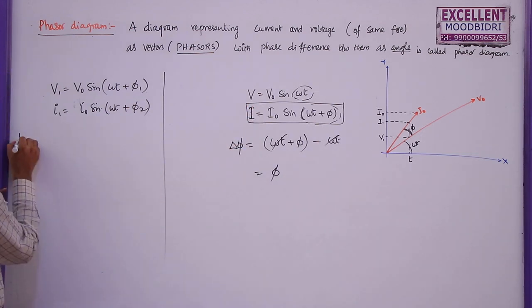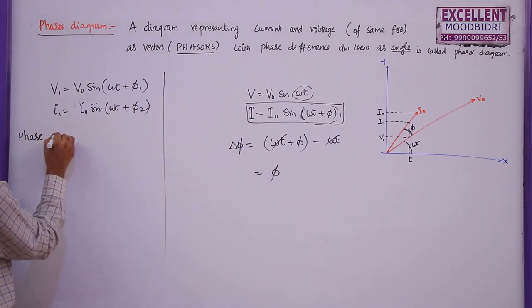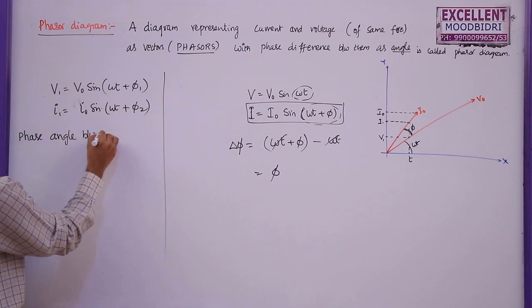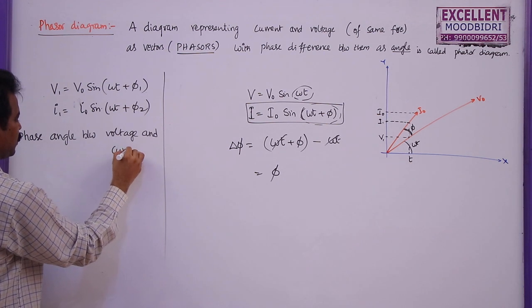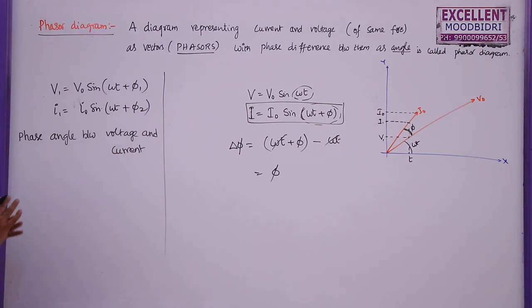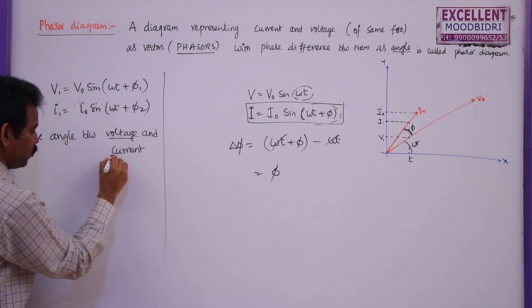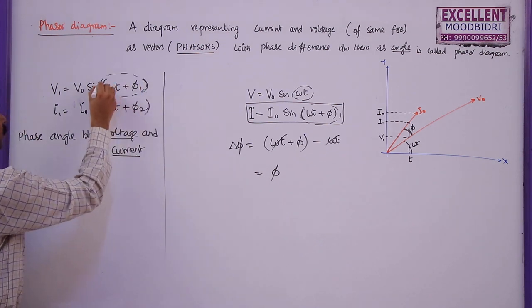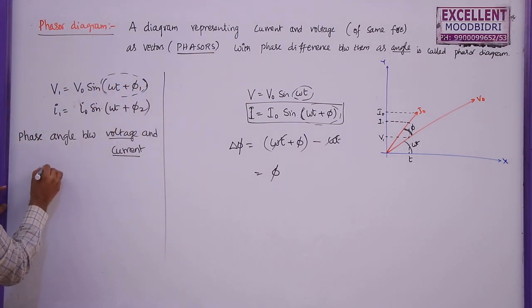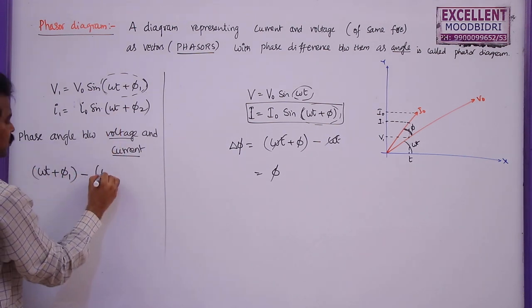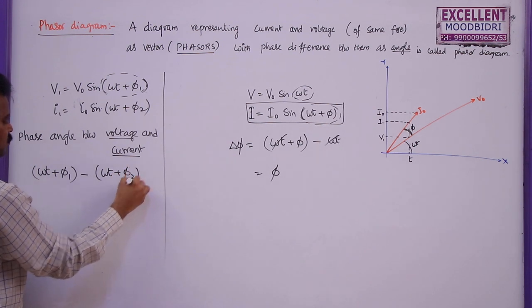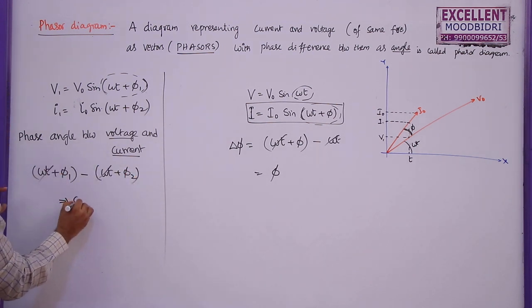Now what is the phase angle between voltage and current? First you take the phase angle of voltage, that is omega t plus phi 1, minus current, omega t plus phi 2. This gets cancelled. This will be phi 1 minus phi 2. This is the phase angle between these two.